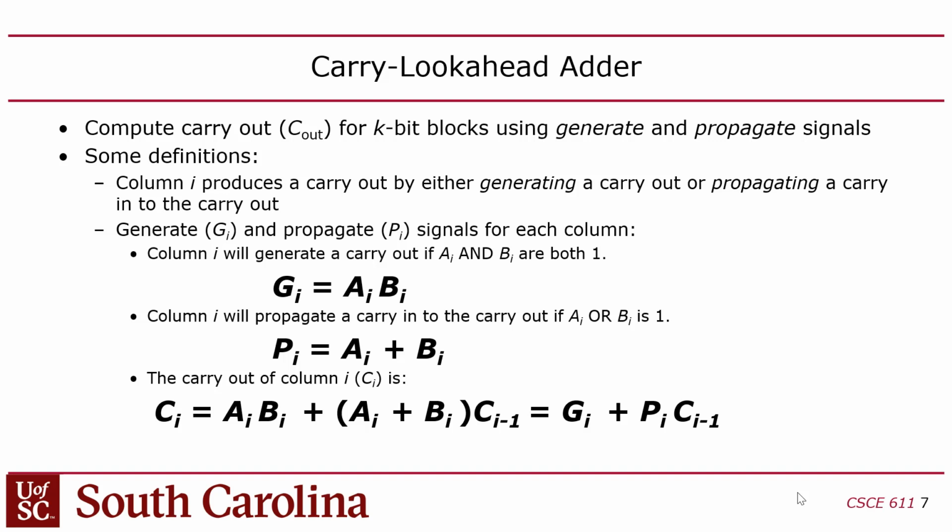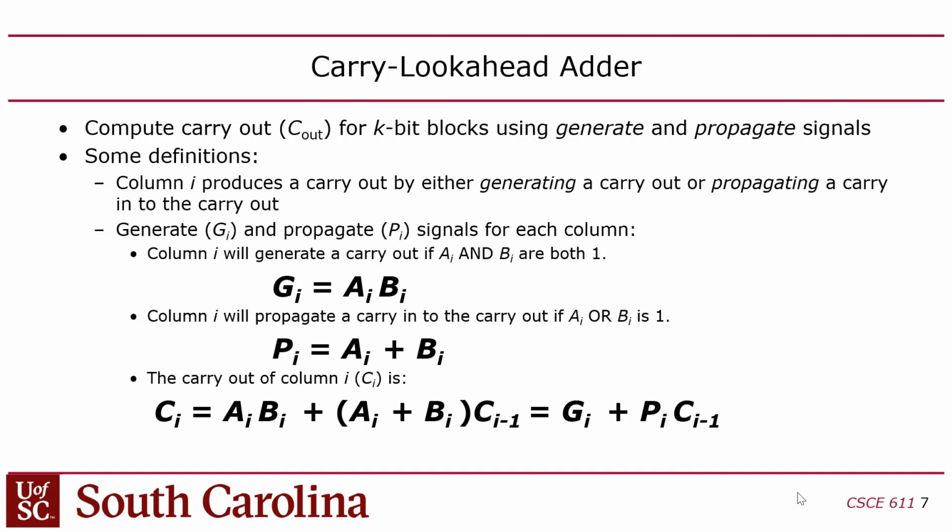Okay. So then the carry out of column C sub I, bit I, is going to be basically the generate of I. Forget this part, just look at this part. This is the logic without using generate and propagate. I just covered propagate and generate, and yet this one doesn't use those, but we do use them here.